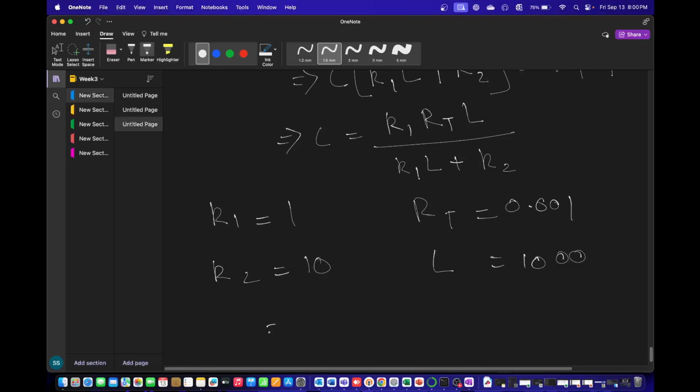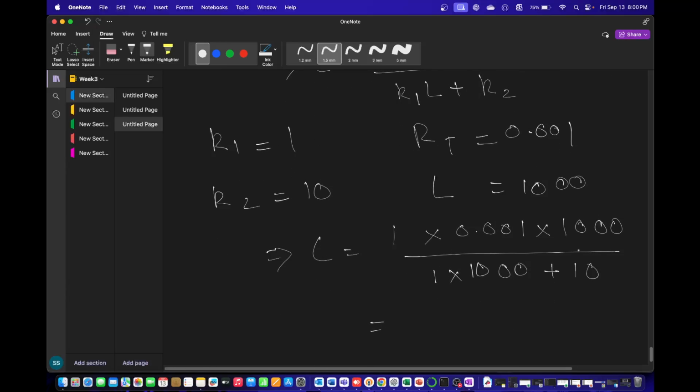Now you put it in the equation. So C equal to k1 is 1, RT is 0.001, L is 1000, by 1 into 1000 plus k2 is 10.